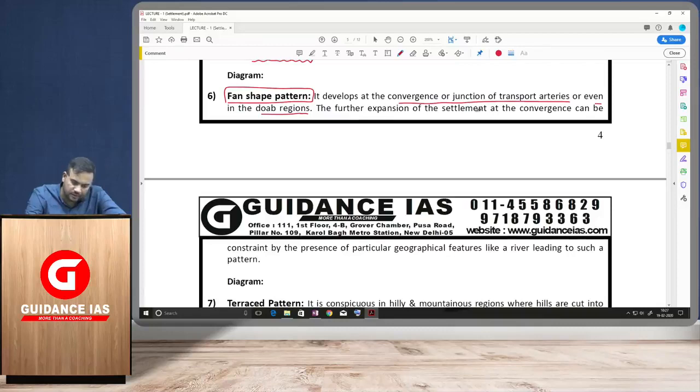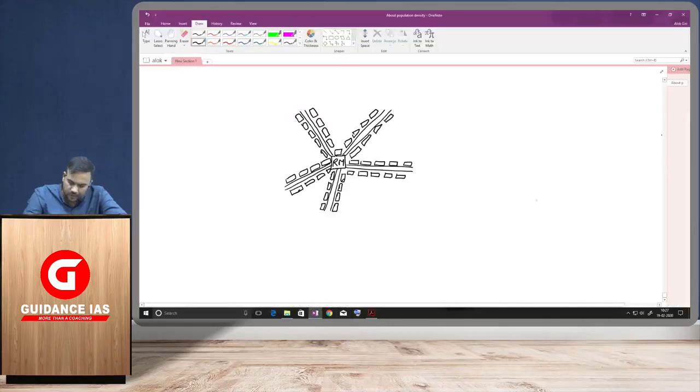So further expansion of the settlement is constrained by presence of particular geographical features like river leading to such a pattern. So here there is this one river, there is this other river, and both are forming a confluence.